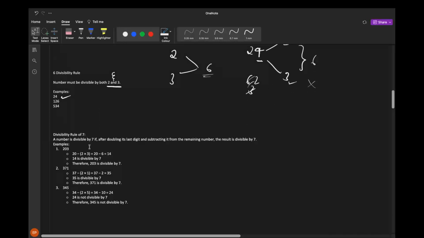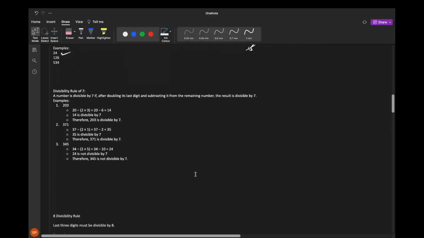Then if you see the 7 divisibility rule, it is a little bit complicated one. Suppose I took an example as 203, right? A number is divisible by 7 if, after doubling its last digit and subtracting it from the remaining number, the result is divisible by 7. What does it mean? It means we have to double the last digit.